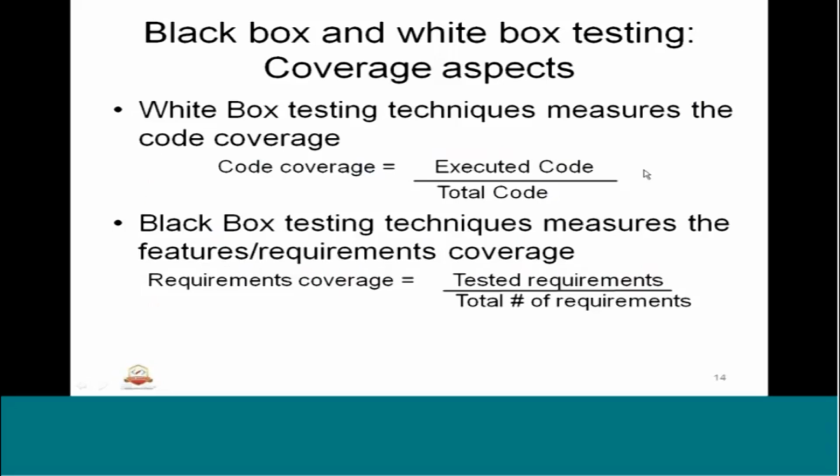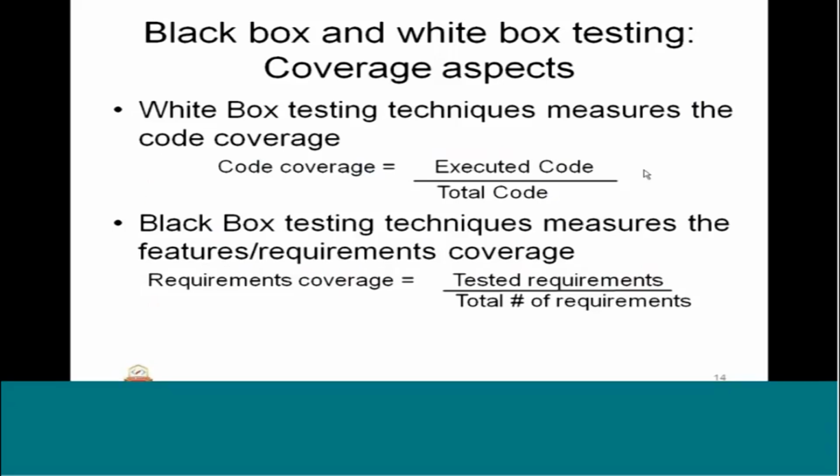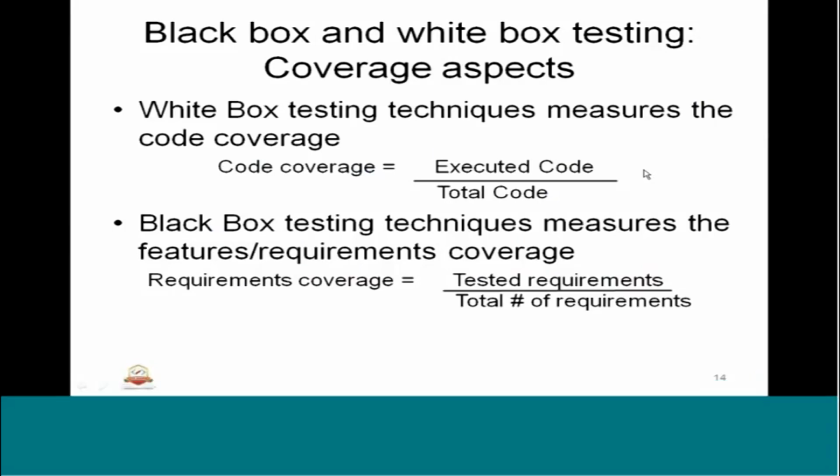Similarly, the coverage for black box testing is measured purely based on the requirements. How much of the requirements have been tested divided by the total number of requirements will give me a percentage of how much I have covered.